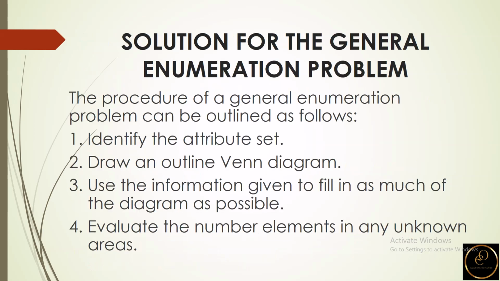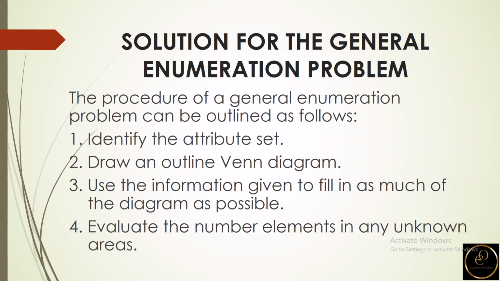So look at the solution for the general enumeration problem. There could be a problem with the enumeration, but the solution is as follows. We normally follow a structured approach to resolve these particular problems. One: first of all, make sure that you identify the attribute set, meaning that you need to know the characteristics, the attributes, the features you are looking for to form a set.